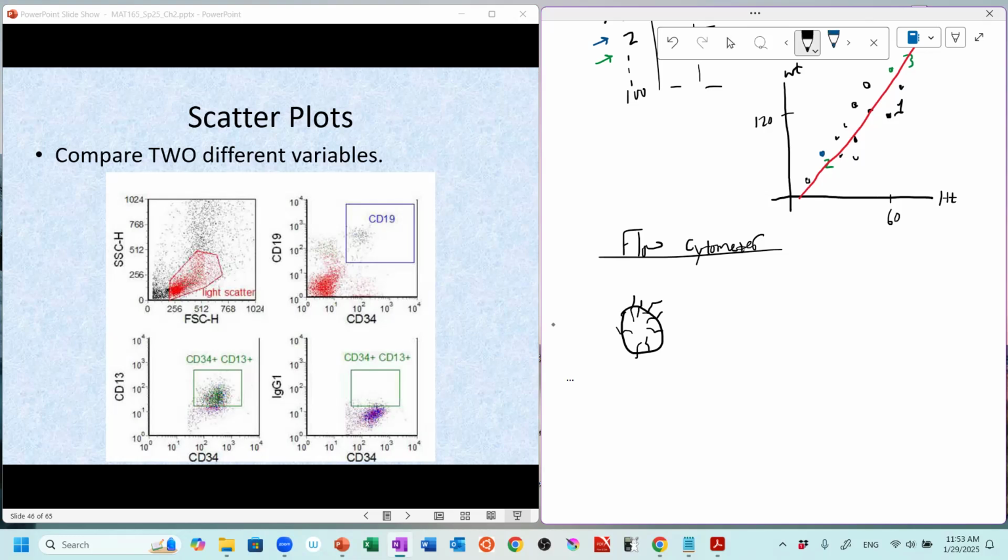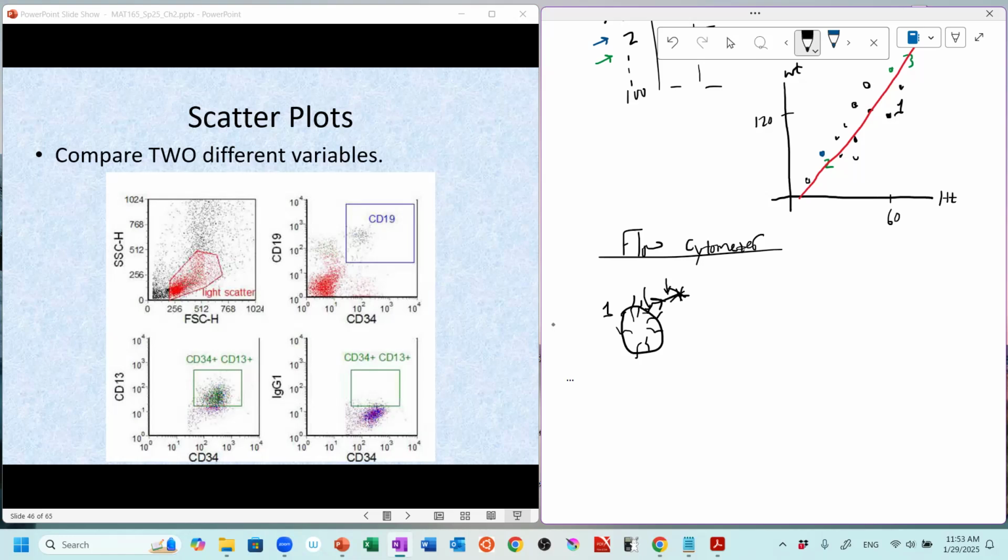So how the flow cytometer works is you have an antigen, you put an antibody into the mix of cells that you take out of somebody. The antibody attaches and it has this little fluorophore at the end that emits a certain frequency of light when it's hit by a laser.